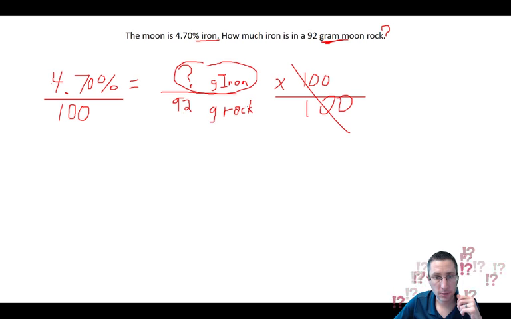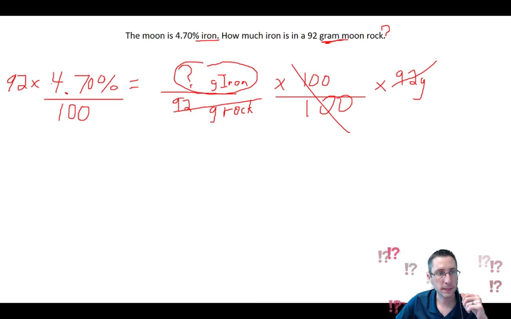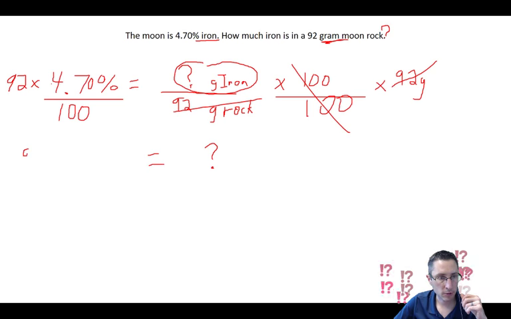I have a 92 down here in the denominator, so I'm going to multiply both sides by 92 grams. We'll cancel it out here, but I need to also multiply the left side of the equation by 92. And so now my question mark is isolated. The equal sign is still in place, and I do 92 times 4.7 divided by 100.